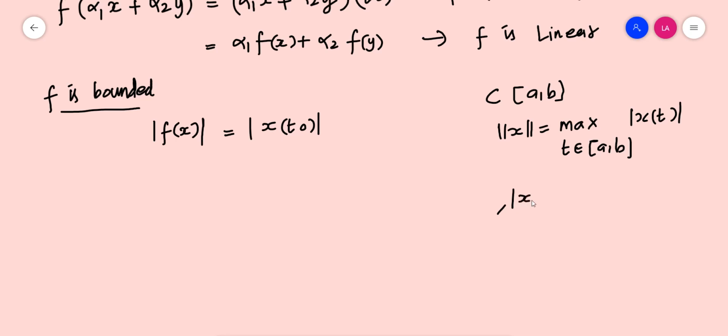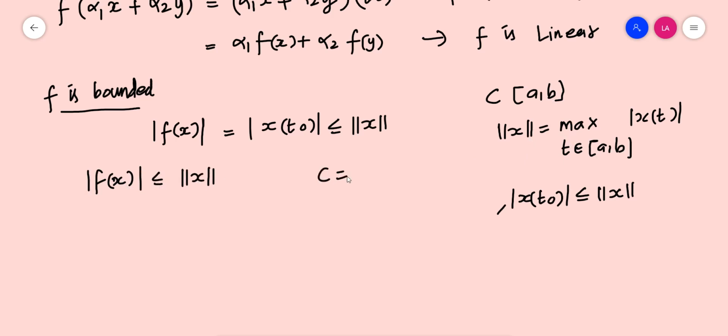So clearly modulus of x of t naught is less than or equal to norm x, by the definition of the norm itself, because t naught is a particular point in [a, b], while in defining norm x we take the maximum over all t in [a, b]. Which means modulus of f of x is less than or equal to 1 into norm x. So if we take c as 1, we can clearly understand that f is bounded.